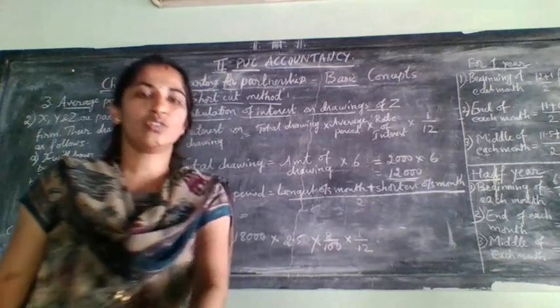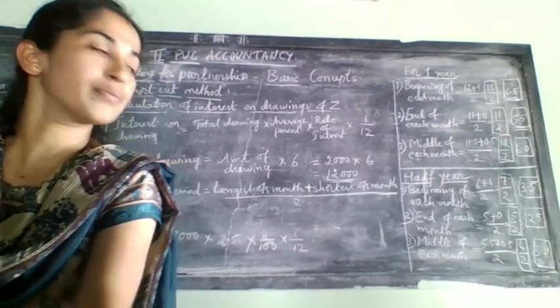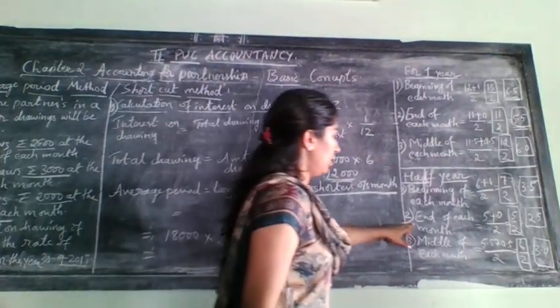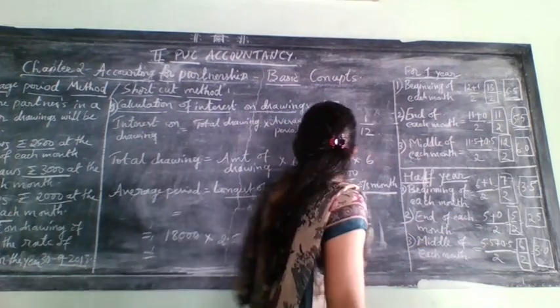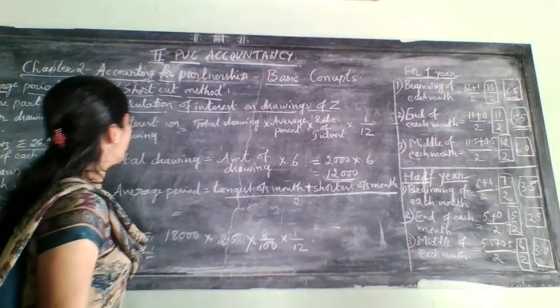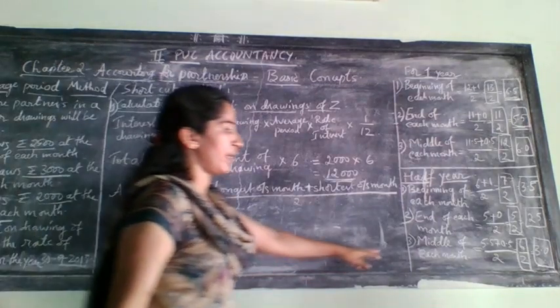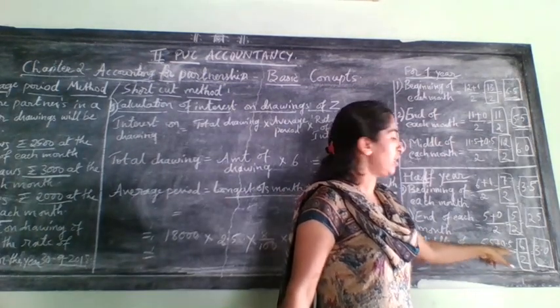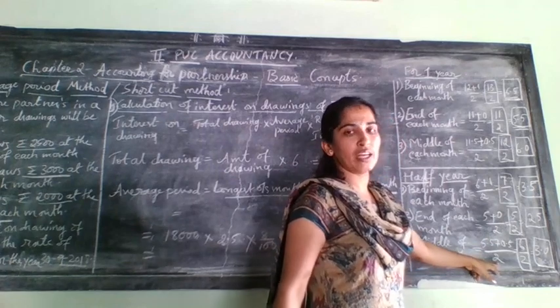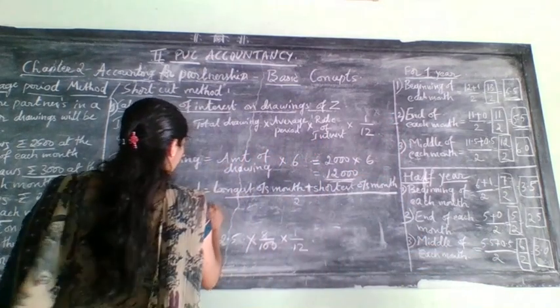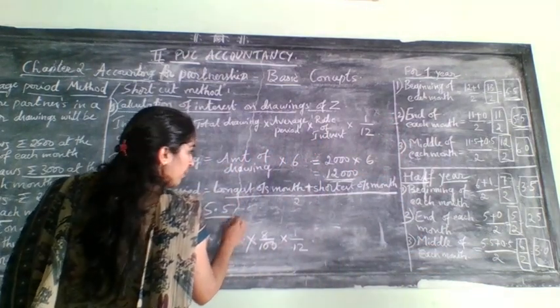Now the last case, Z, middle of each month: 5.5 plus 0.5 divided by 2.